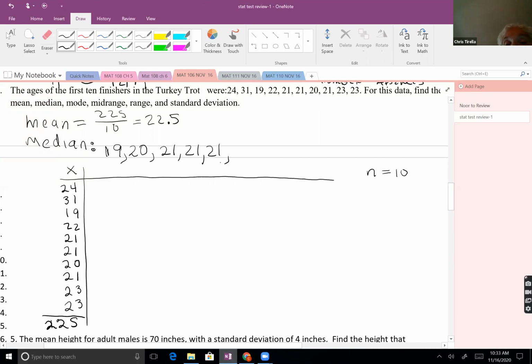Then what do we have? 22, 22, 23, then 24, and 31. So the middle of the list is between 21 and 22. So is everybody all right? The median would be 21 and a half, halfway between.